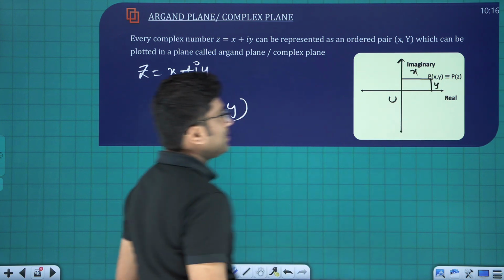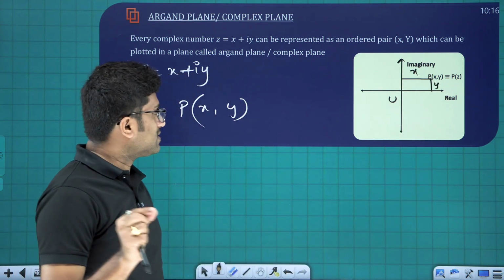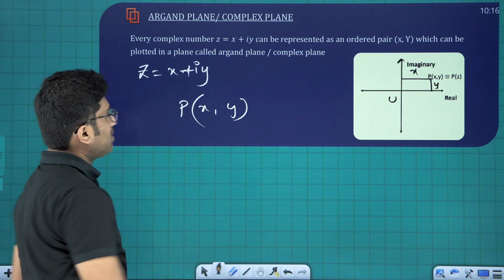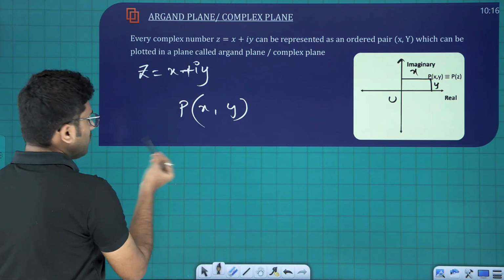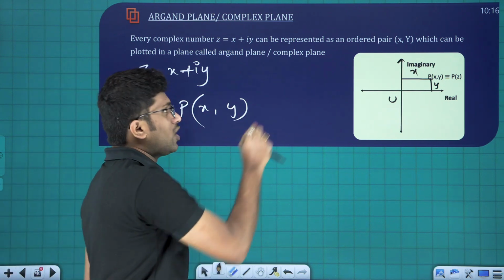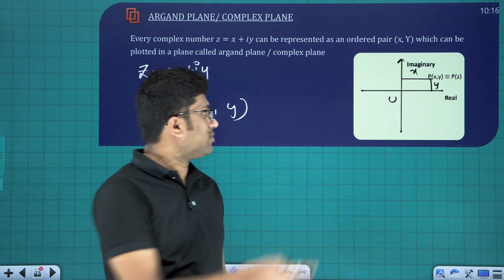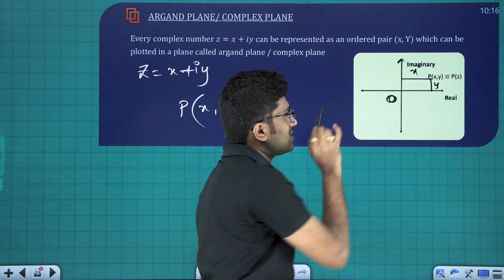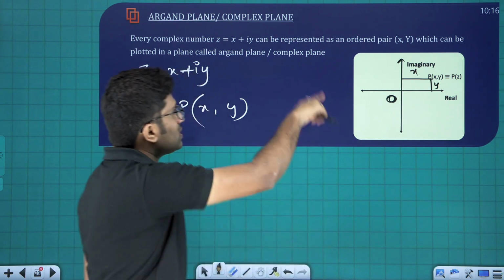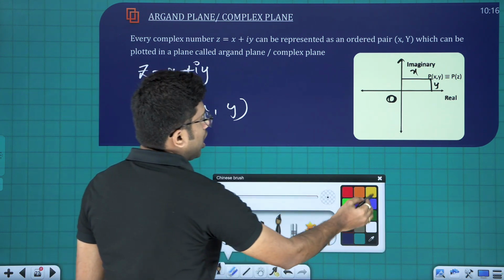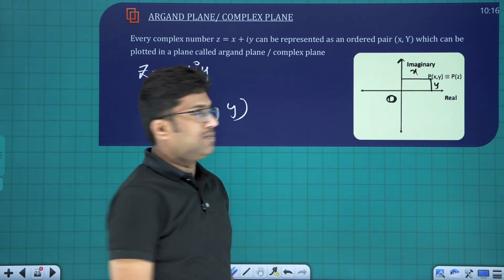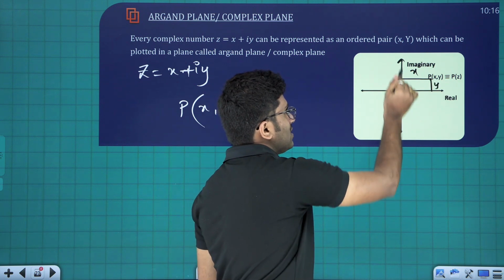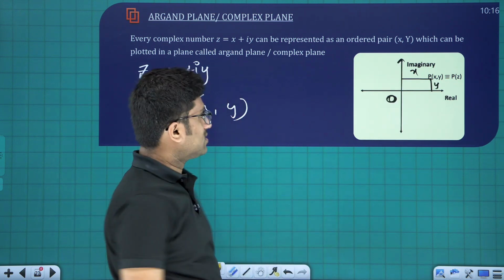So this point will be P of x comma y, or it is represented as a point given by a complex number z. So each complex number can be represented as a point in this complex plane. So this plane is called an Argand plane. Horizontal one real axis, vertical one imaginary axis.